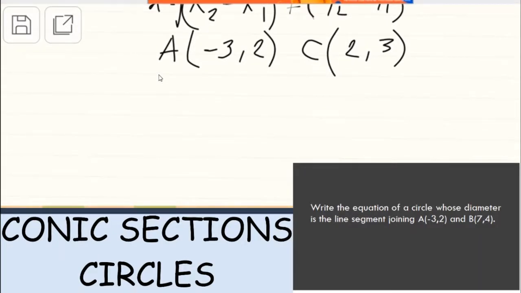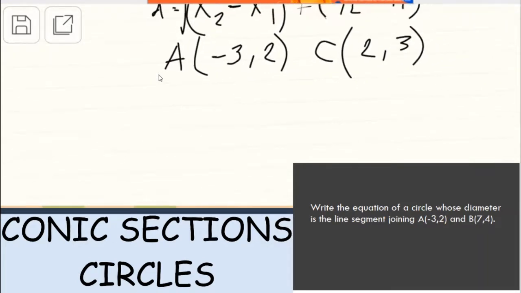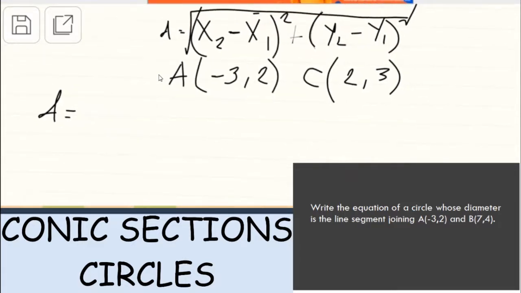So apply natin. We have D is equals to, so first is x sub 2. Our x sub 2 will be 2. 2 minus x sub 1, which is negative 3. So since negative 3, magiging positive 3.